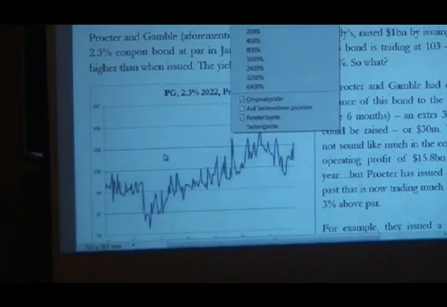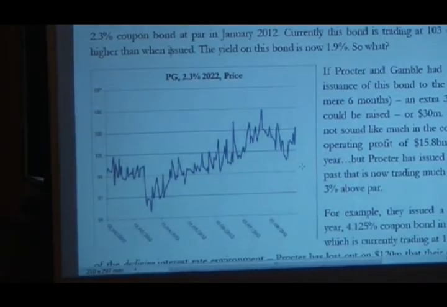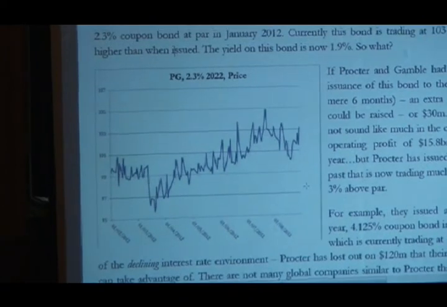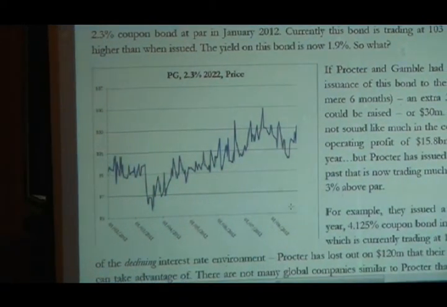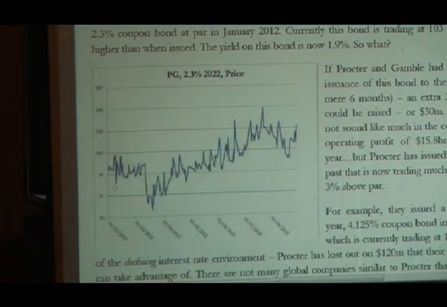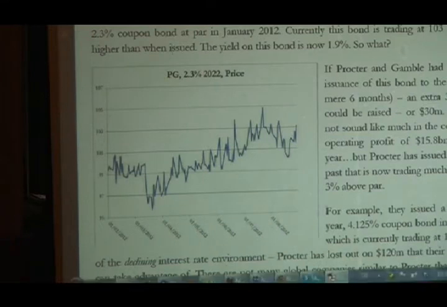So here again we have Procter & Gamble, and this is a chart of a bond that they issued at the beginning of 2012. They issued it at par pretty much, but it's now trading at 103.